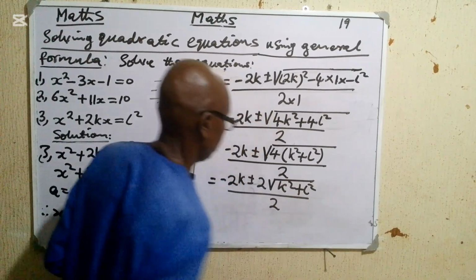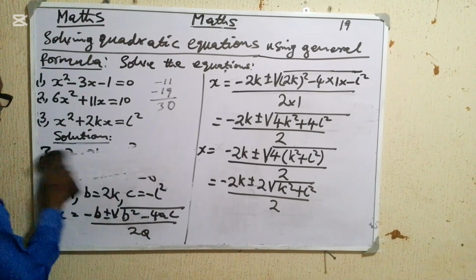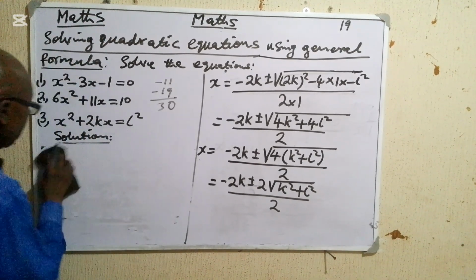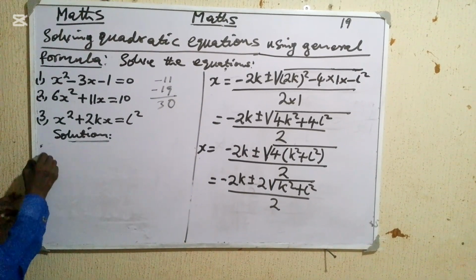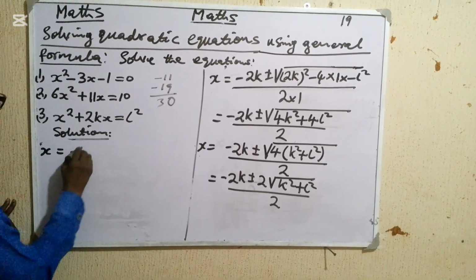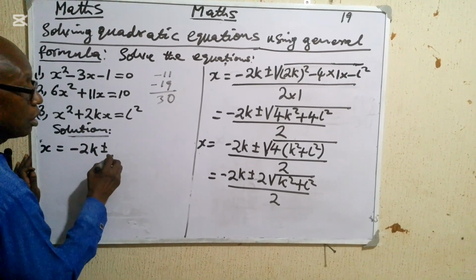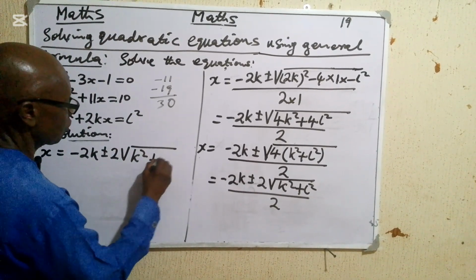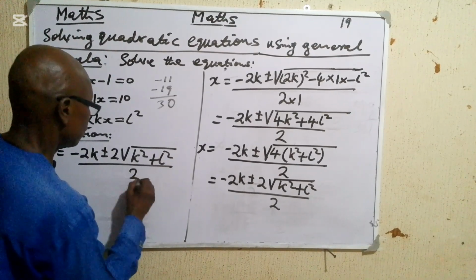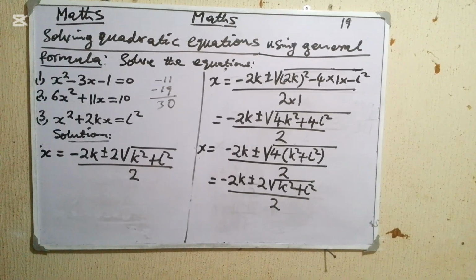So from there we have x equal to minus 2k plus or minus 2 square root of k squared plus L squared all over 2. But if you check, you discover that 2 can divide 1, 2, 3. So now you are free to use 2 to divide.